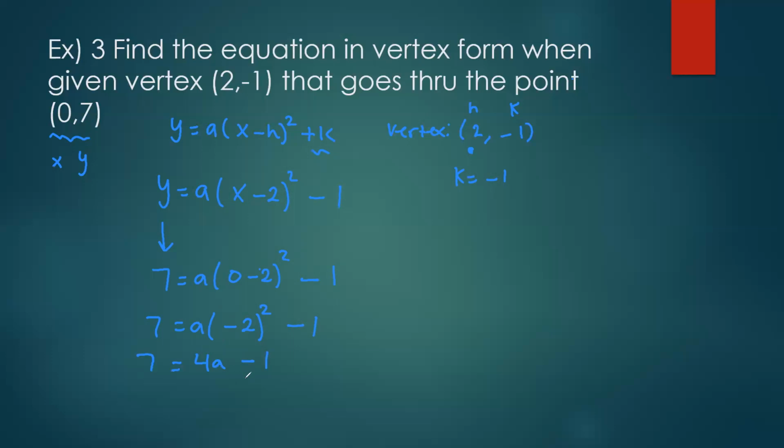Solve for a, so I'm going to add 1. I get 8 equals 4a. Divide this by 4. 8 divided by 4 is 2. Okay, so our final answer is y equals 2 times x minus 2 squared minus 1.